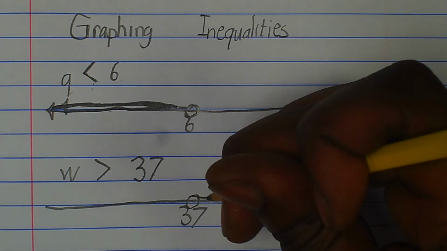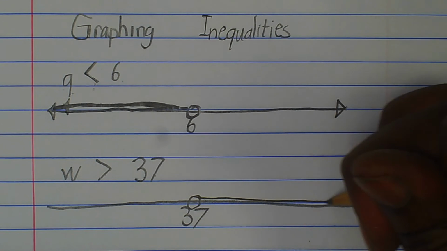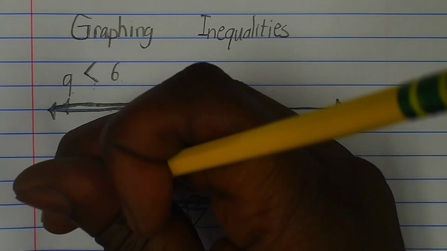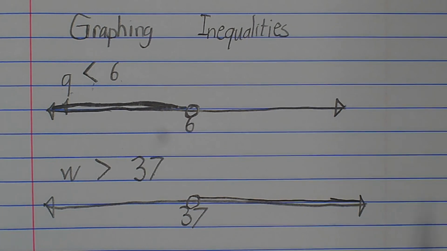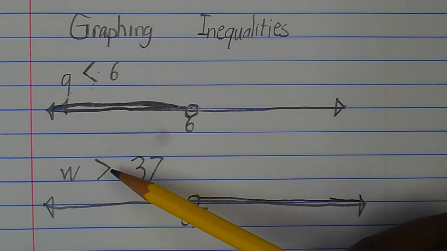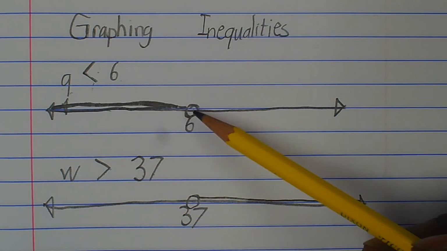And that means W is going to be any value that is greater than 37. Now, remember, if it's less than or greater than, it's going to be an open circle, okay?